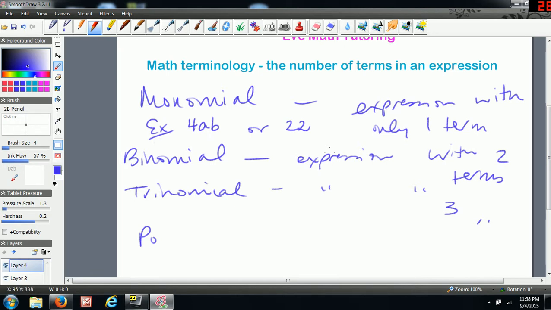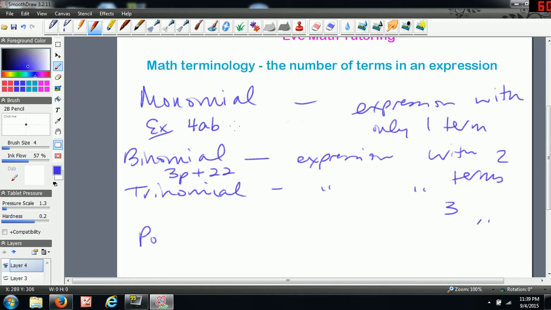A binomial. Now this here is actually a constant, so I'm going to stick to the 4ab one as an example. I think that one's better because it's got some letters, some variables in there. So a binomial, an example could be 3p plus 22, so two terms.